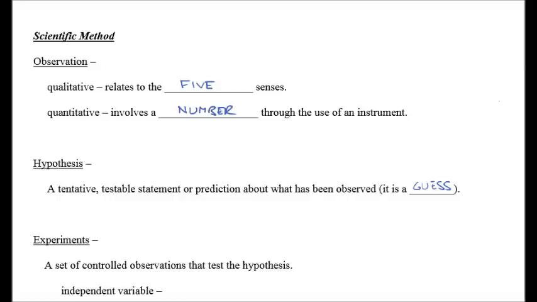Observations lead to guesses. A guess is simply a hypothesis. It's a tentative statement or prediction about what has been observed. It is a guess. A hypothesis may be true, it may be false. So we perform experiments. An experiment is a set of controlled observations that test the hypothesis we came up with. The independent variable is the variable that is changed. We plot it on the x-axis, and usually it's something along the lines of temperature. We change the temperature and we see how something reacts to that. The thing that reacts is the dependent variable.